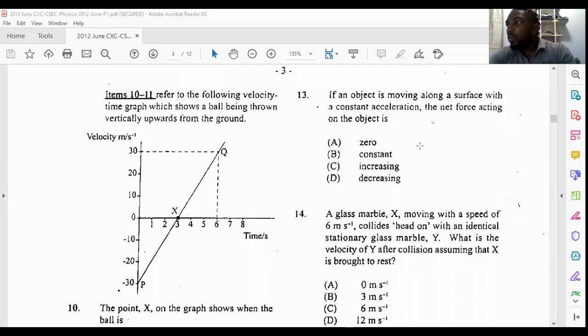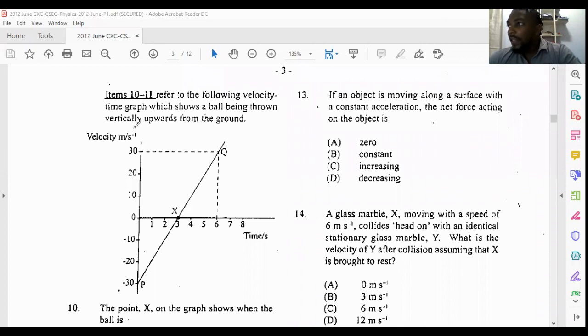It says if an object is moving along a surface with a constant acceleration, the net force acting on the object is, we have A, 0, B, constant, C, increasing, and D, decreasing. Now let's see how we can decipher this answer. So let's read the question again.